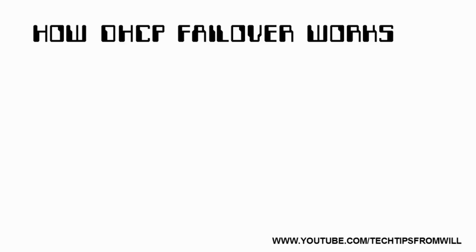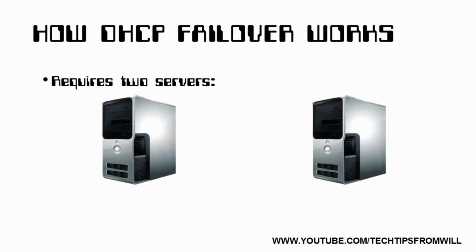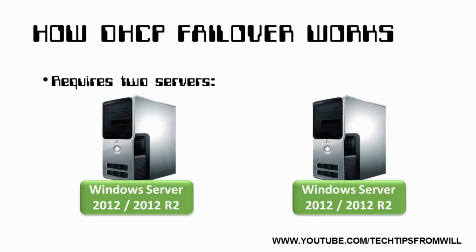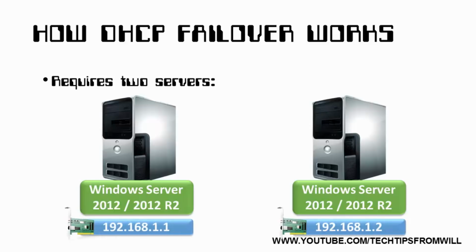To implement DHCP Failover, you must deploy two servers running either Windows Server 2012 or Windows Server 2012 R2. Both servers must have a network interface card with a static IP address and must have the DHCP server role installed. Just like earlier versions of Windows Server, when you install the role, a database is created locally on each server.